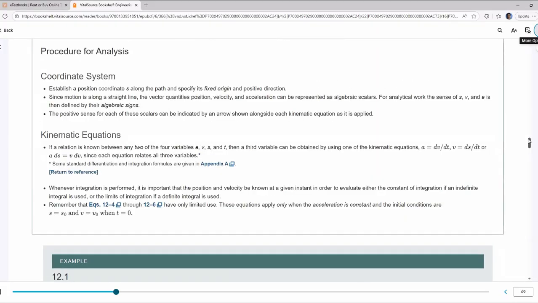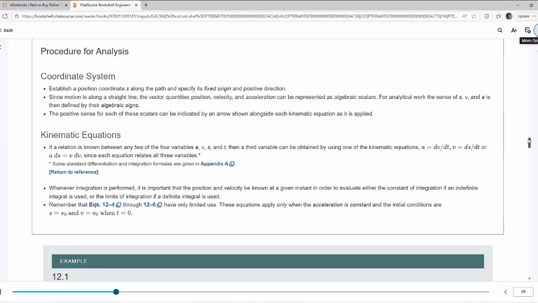The procedure is this. You set up a coordinate, establish a position coordinate. The symbol for the position is s along the x-axis or y-axis. And you set up the origin and what direction is positive. Usually, on the horizontal axis to the right is positive, to the left is negative.